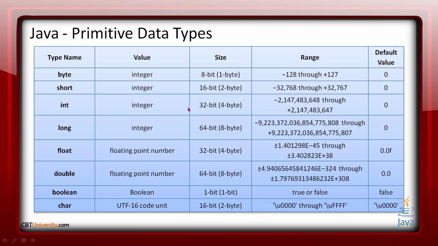And if you want to use just true or false, then you may go for the boolean data type. The right data type helps us use minimum memory for our application. The char data type can take a single character, single letter.